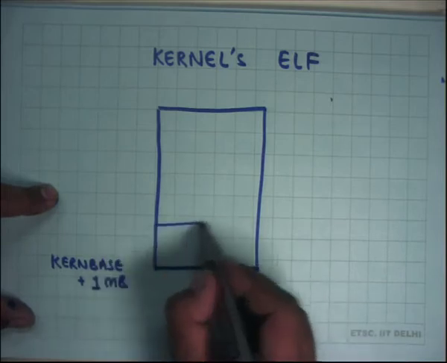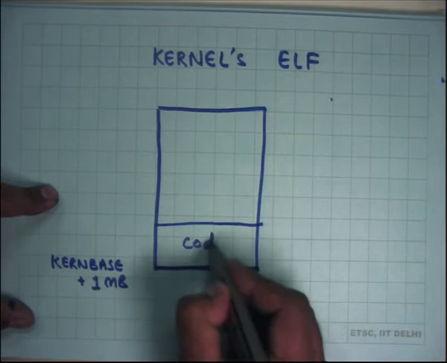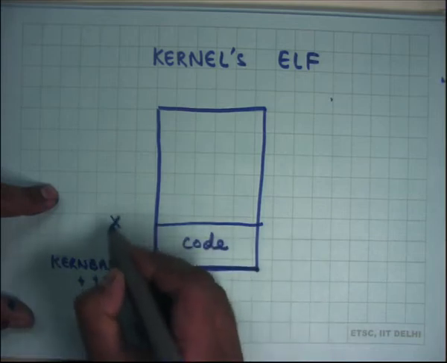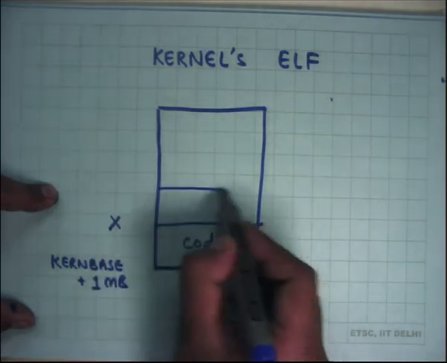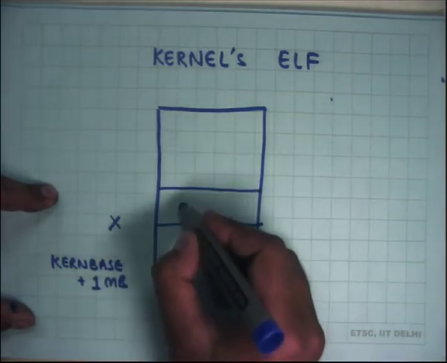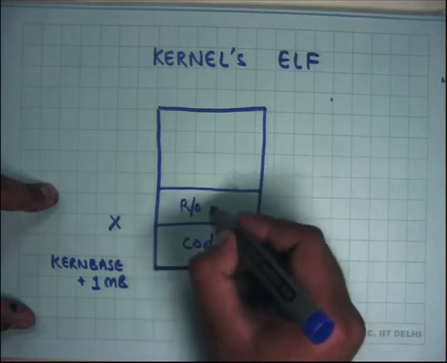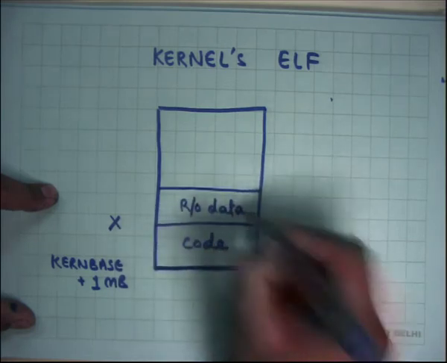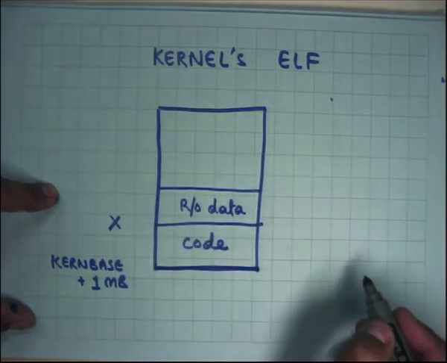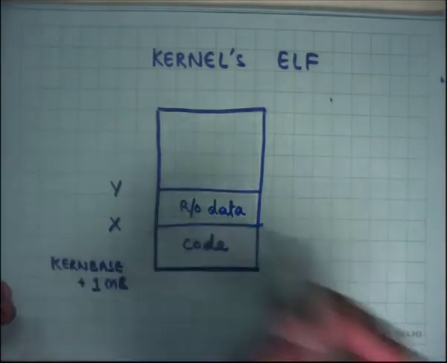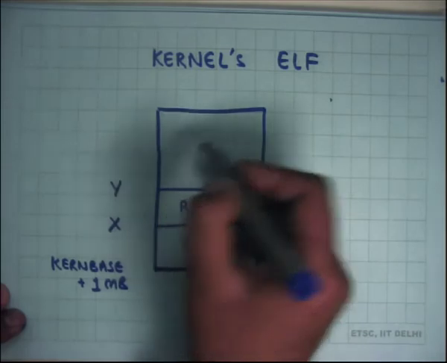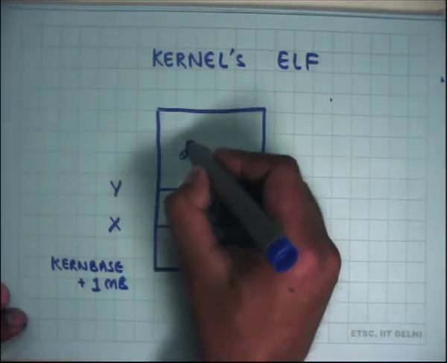It will first have some code, and somewhere the code will finish. Let's call that position X. Then there will be some area called read only data. For example, in C, if you declare a const global variable, that gets allocated in the read only data. Let's say that goes up to Y, and then everything else is data.